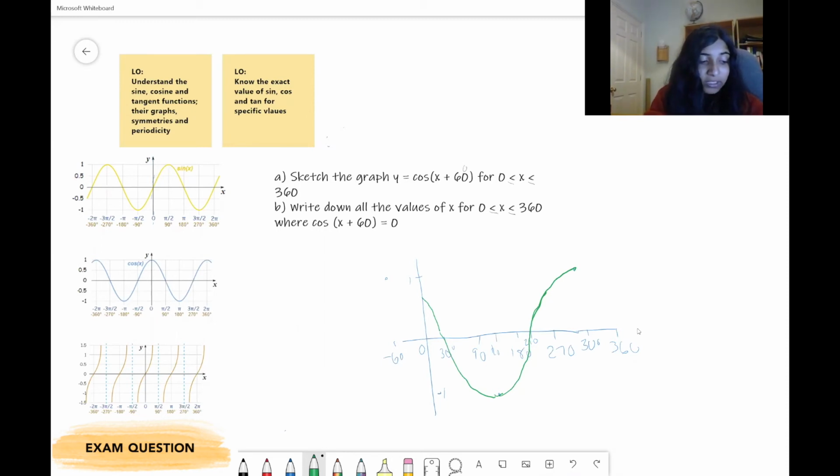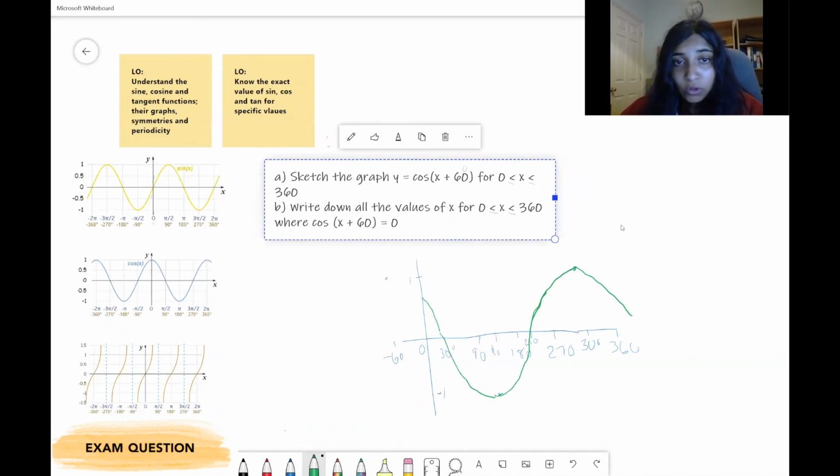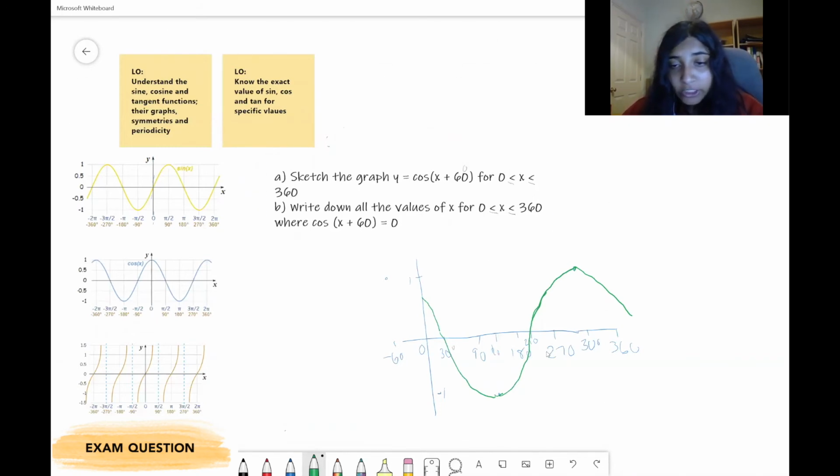So if we were to do 180 plus 210, we would get 390, which means the next time it would cross the x-axis would be at 390. So we could just follow the graph down like this, but then it wouldn't cross until much later. So that's what the graph would look like, cos(x + 60), for between 0 and 360 degrees.